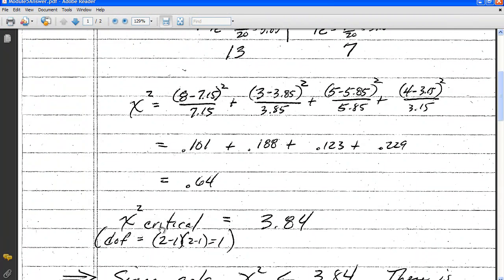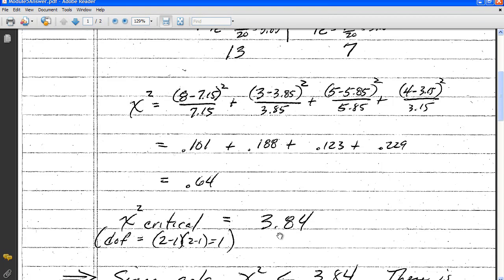Now, the critical chi-squared value you can get from the back of your book, and it's based on the number of degrees of freedom that you have. This was a two-way chi-squared example. So your degrees of freedom in this case are going to be (2 minus 1) times (2 minus 1), and that comes up with, of course, 1.